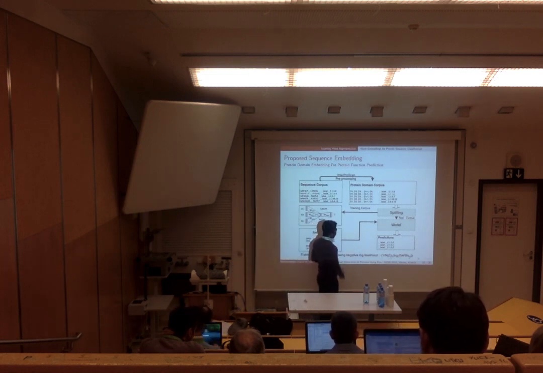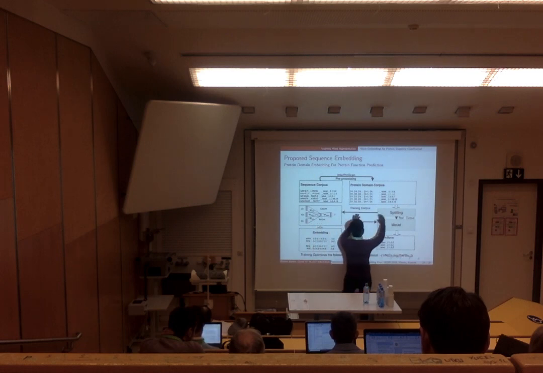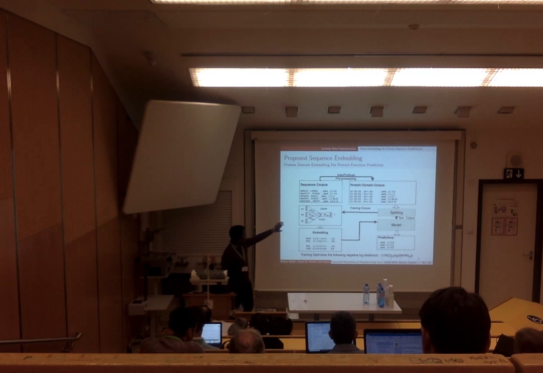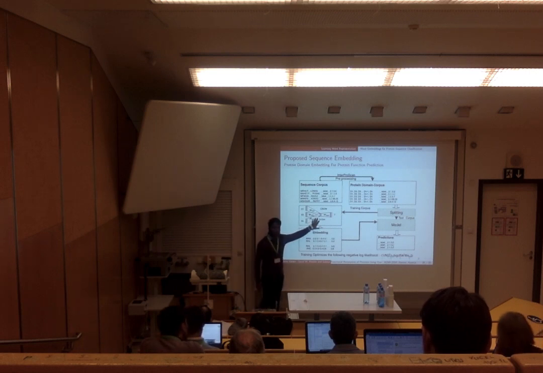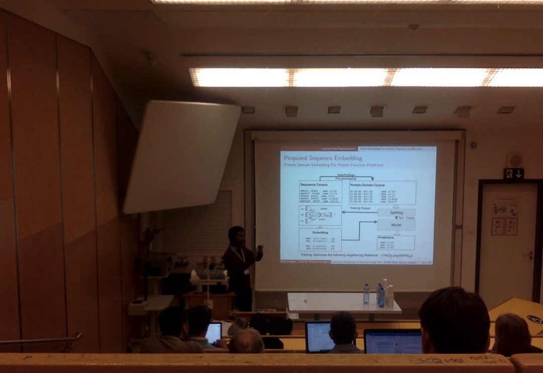And to do the machine learning task, you split your corpus into training corpus and test corpus. You train the CBOW, continuous bag of words, because we wanted to use the supervised version of it.